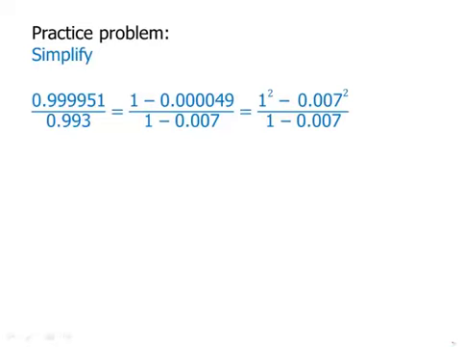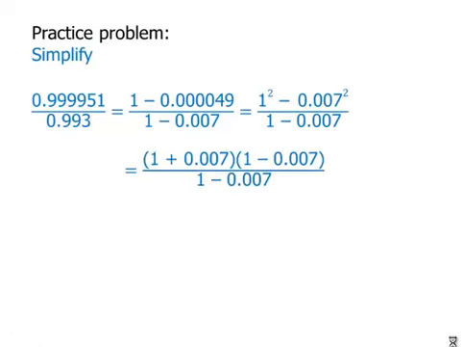And so this means we can write the top in the difference of two squares pattern. We get a 1 plus 0.007 and a 1 minus 0.007. That second factor, the subtraction, appears in the denominator, so we can cancel it. We're left with 1 plus 0.007, and we get 1.007. And that is the quotient. We get that very easily using the difference of squares pattern.